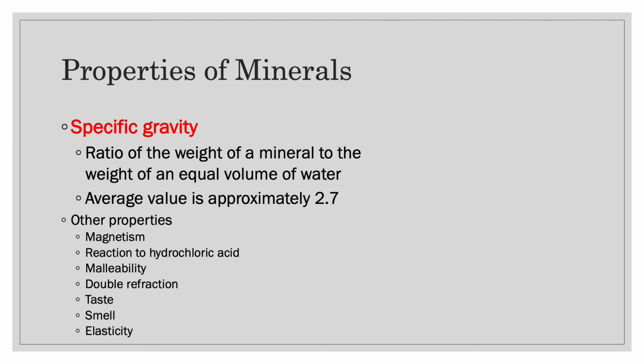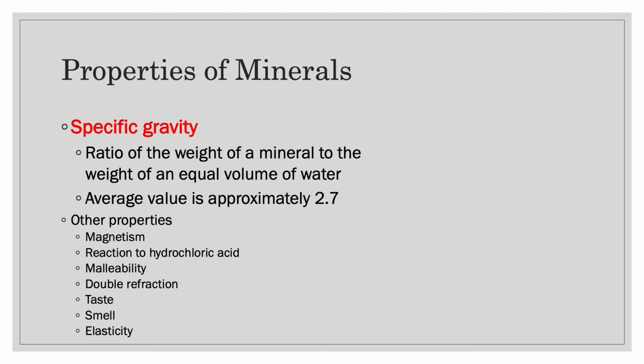Another physical property of minerals is specific gravity. And what this really is, is just the ratio of the weight of a mineral to the weight of an equal volume of water. The average specific gravity of a mineral is approximately 2.7, meaning that the weight per unit volume of the mineral is 2.7 times the weight per unit volume of water.